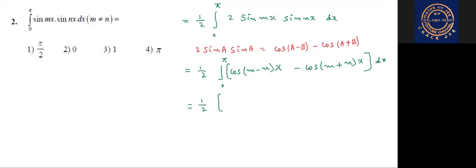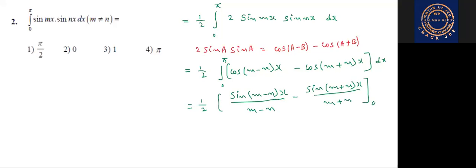That is sine. We get sine of (m minus n) into x divided by the x coefficient m minus n in the denominator, minus sine of (m plus n) into x divided by m plus n. Now the limits are 0 to pi.